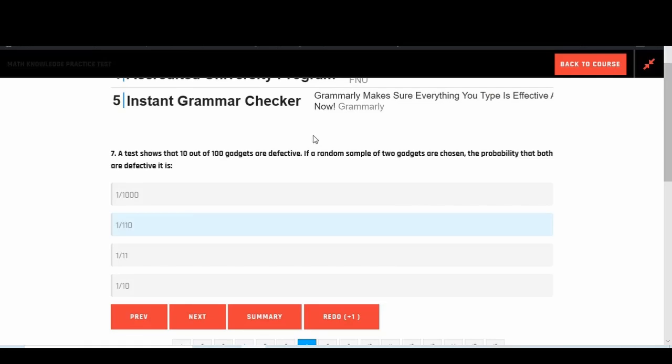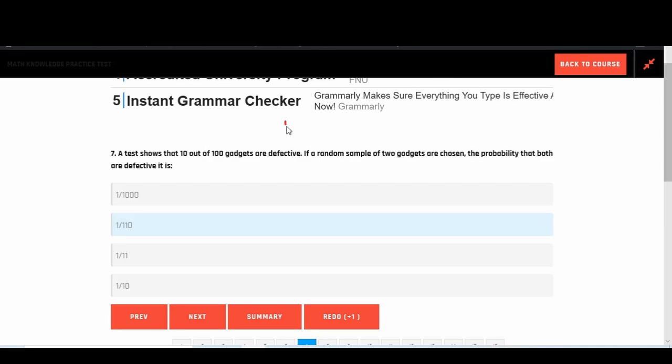All right, number 7 says a test showed that 10 out of 100 gadgets are defective. If a random sample of 2 gadgets are chosen, the probability that both are defective is. So in this case, we do have to know some basic probability. First, you want to know that the probability of anything is going to be between 0 and 1.